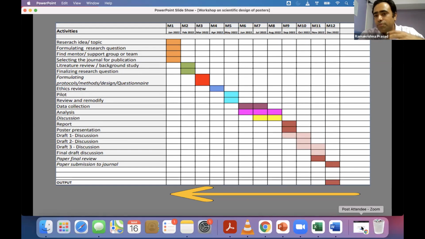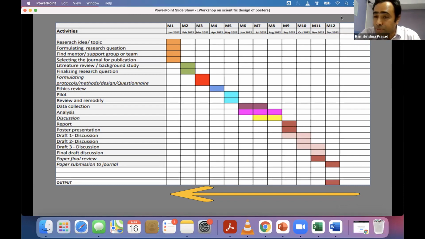Many times you may have a primary guide, but you also need some other mentors with whom you may engage informally or sometimes formally. An important thing is one must start thinking early on as to how my study or my work advances the literature in a certain field, because that determines whether your work will get published or not.